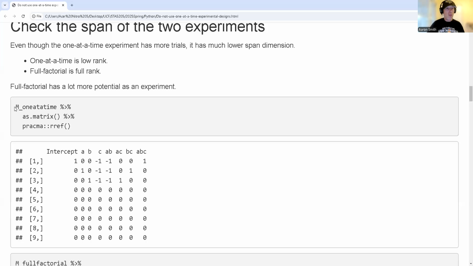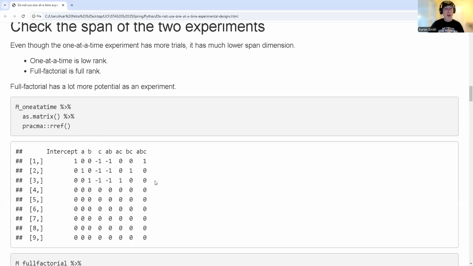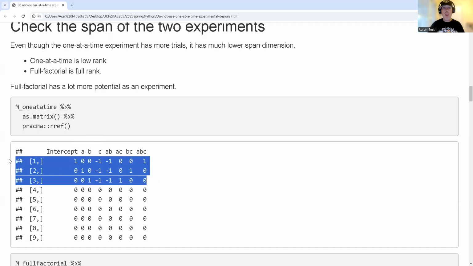All right, so when I look at 1 at a time experimental design and I look at the reduced row echelon form, you'll notice I have a bunch of zeros here. All the zeros. I actually have a span of 3. Really? Okay, so in a higher dimensional sense, my 1 at a time experiment in higher dimensional space is actually a 3-dimensional plane instead of a higher dimensional full span linear algebra system.